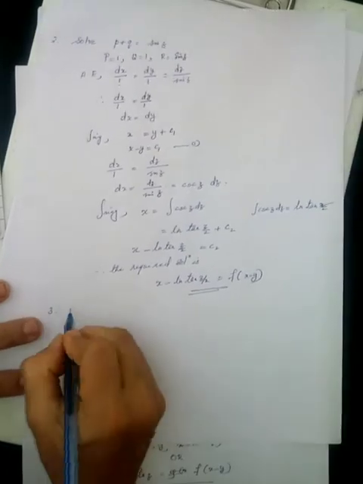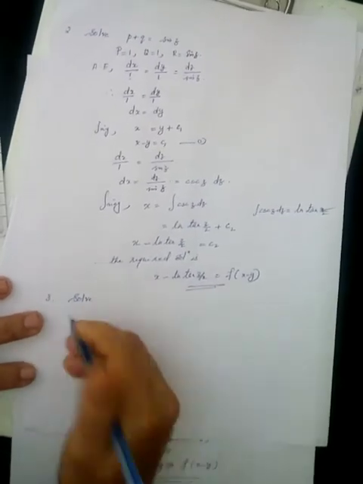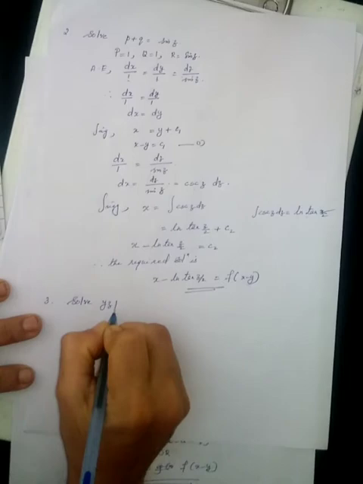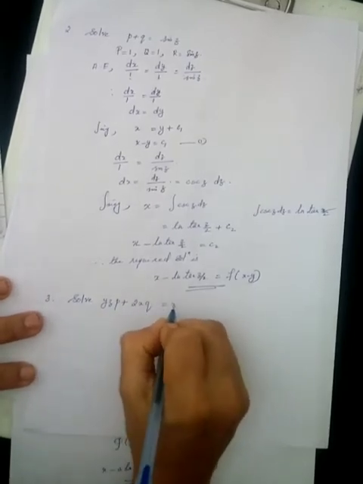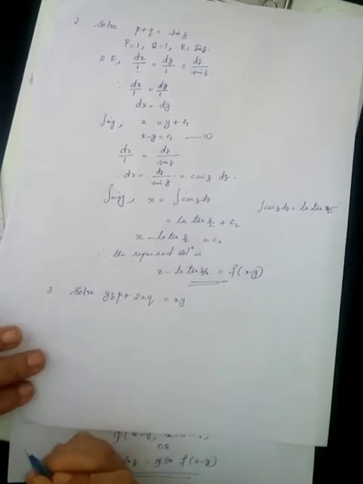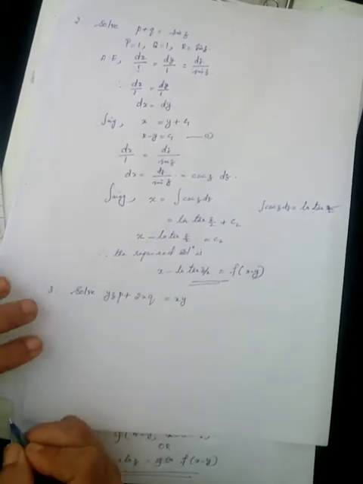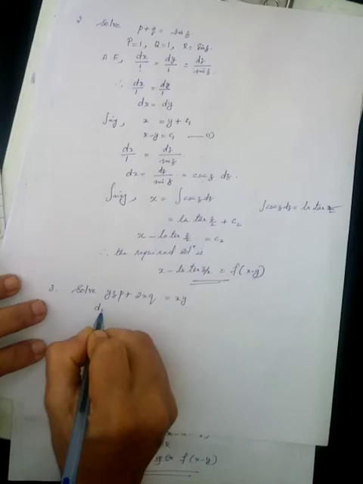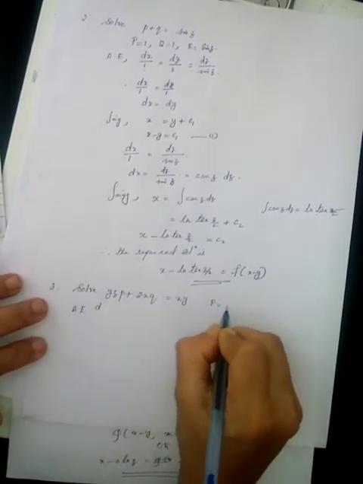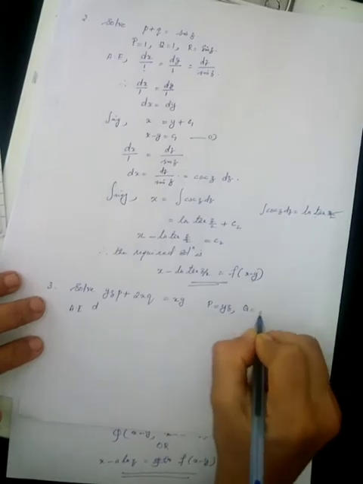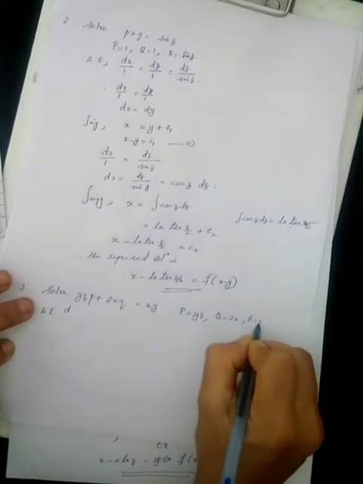Solve the equation yz into p plus 2x into q equal to xy. The auxiliary equation: here, what is our p? p is equal to yz, q equal to 2x, r equal to xy.